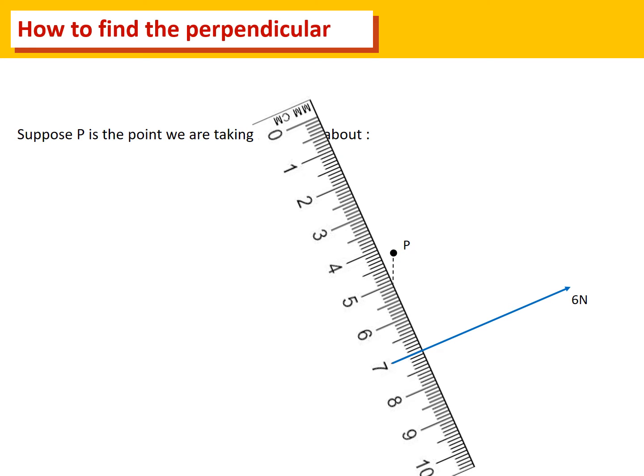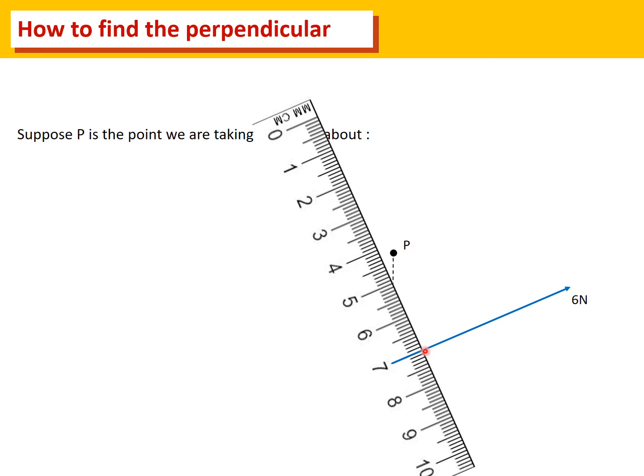If we place a ruler on our force such that this measurement here, which is measuring 7 centimeters as we can see, that little line there runs along the line of action of the force.